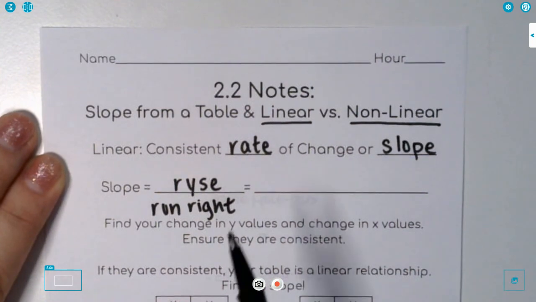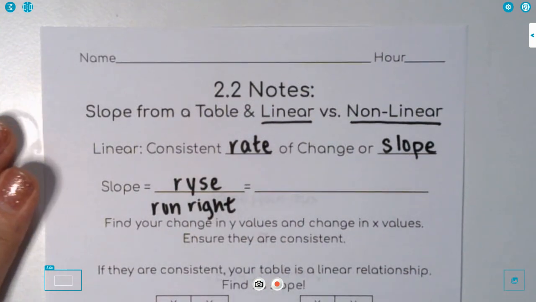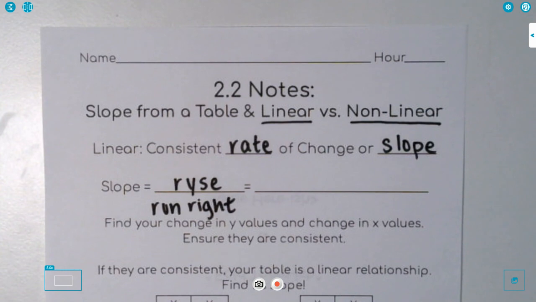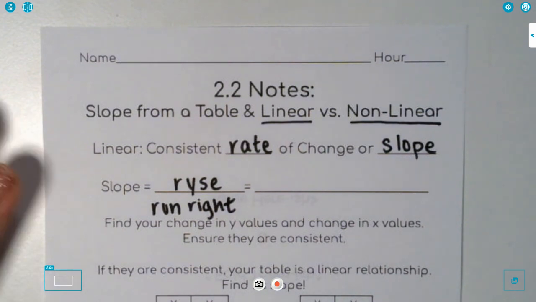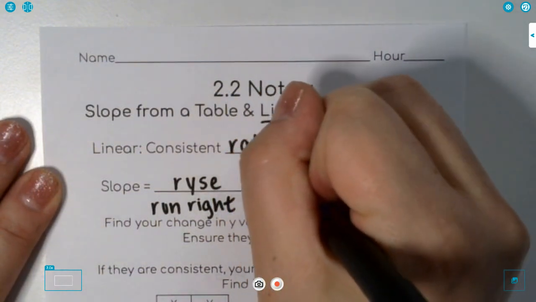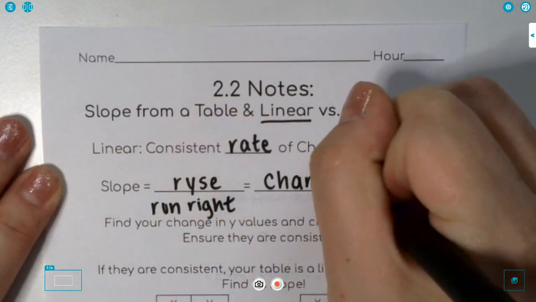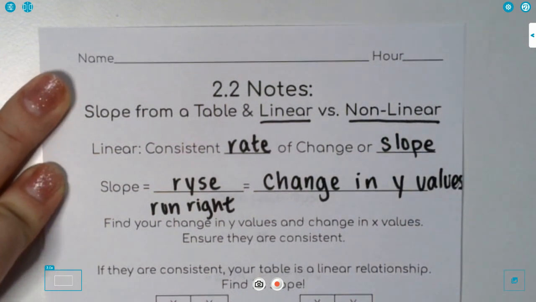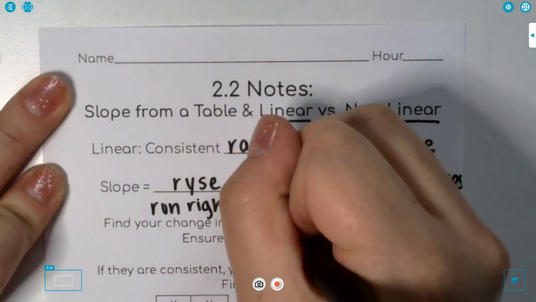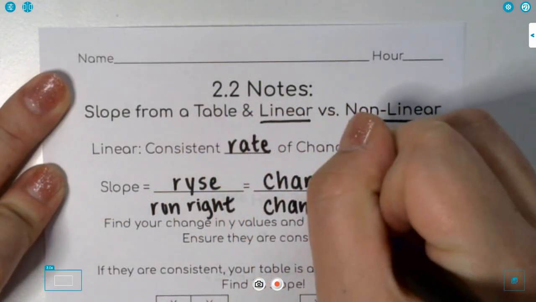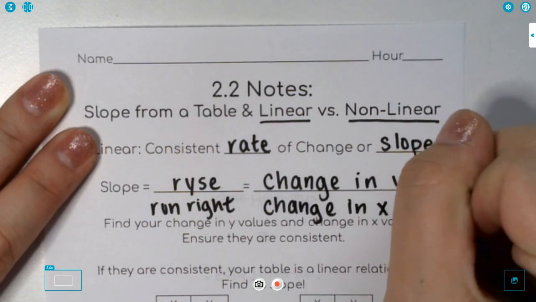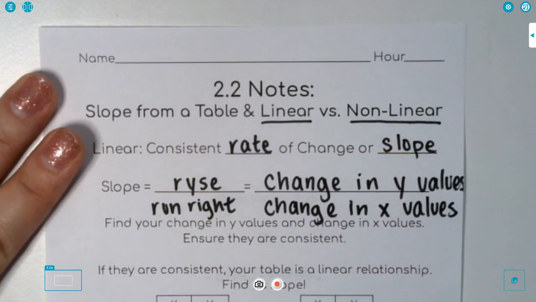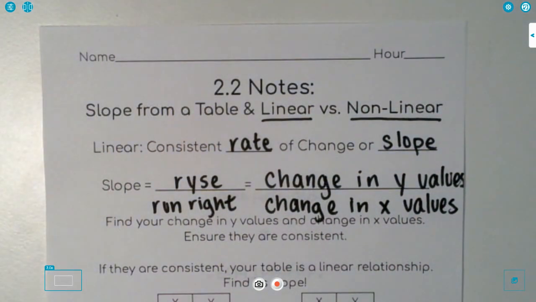And if we remember yesterday, I spelled rise wrong with a Y. It's because another way you can think of your slope is the change in your Y values over the change in our X values. So how much are your Y values changing, divided by how much are your X values changing?